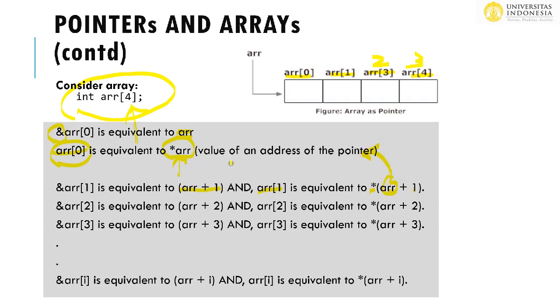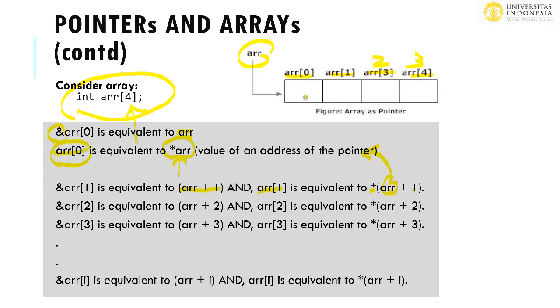Okay, so the first address is the main reference for the compiler to process your data. It means that if you call an array by saying its name, for example here ARR, it refers to the address of the first element.